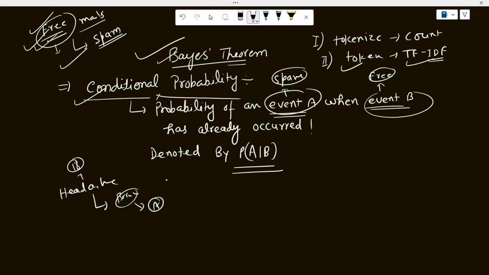In sentiment analysis, if some word is there in a particular text, what is the probability that it has a positive sentiment or a negative sentiment? It may be that there is some word good in a mail, and if there is a word good in the mail, then it may be that this particular word has been used in a positive sense, right?